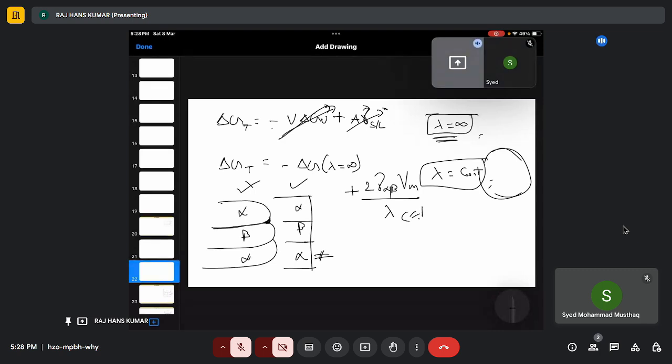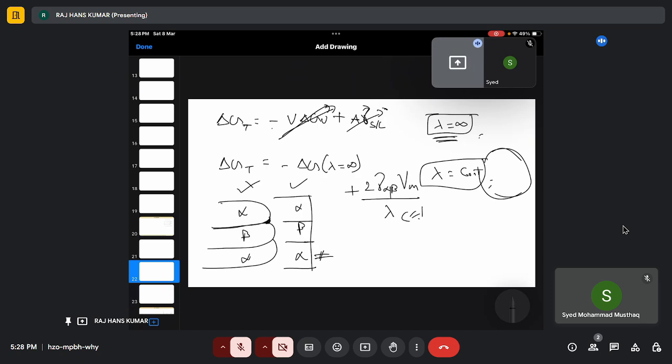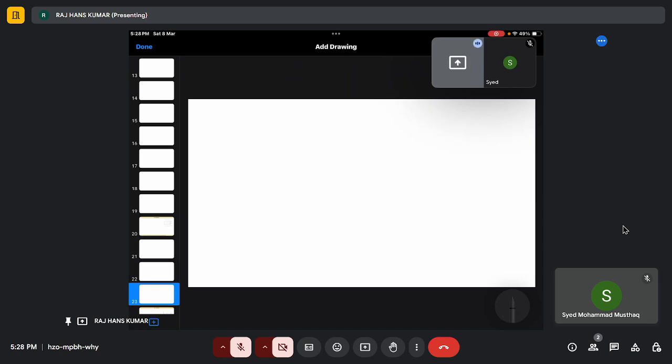To understand that, we need to understand how the surface energies are being balanced. Let's write this part. First, let's write the columnar one.